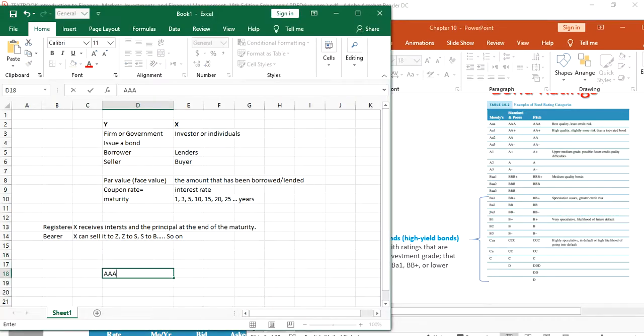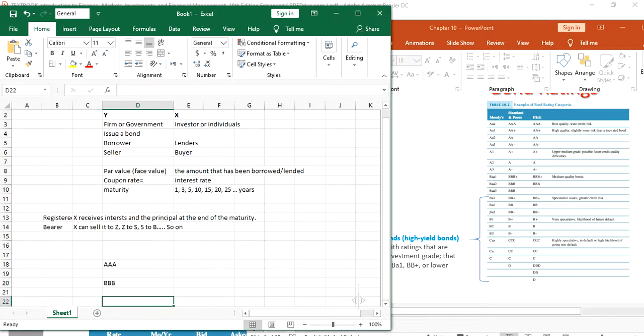Assume we have a AAA rating company, a triple B company, and also a triple C company. This is an extreme example just for clarification. So if a company here goes to borrow money, they can receive funds for an interest rate of, let's say, 2%.